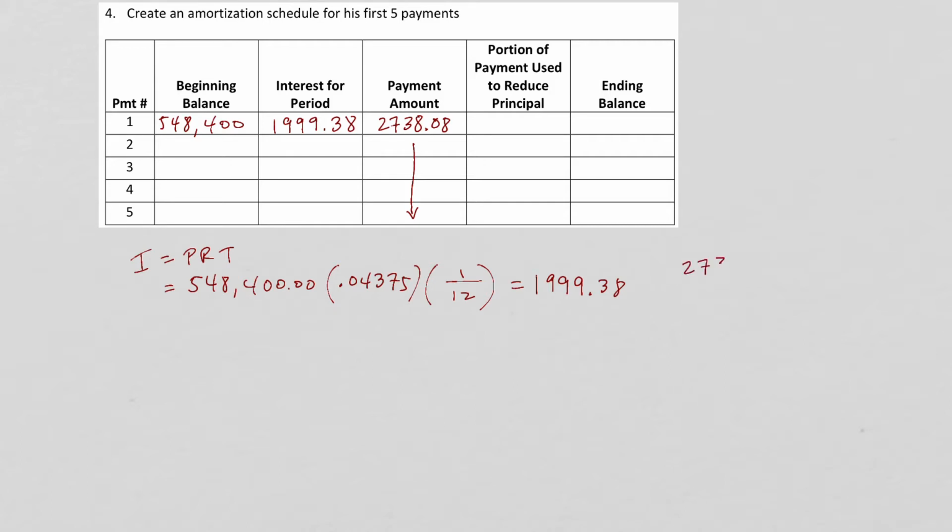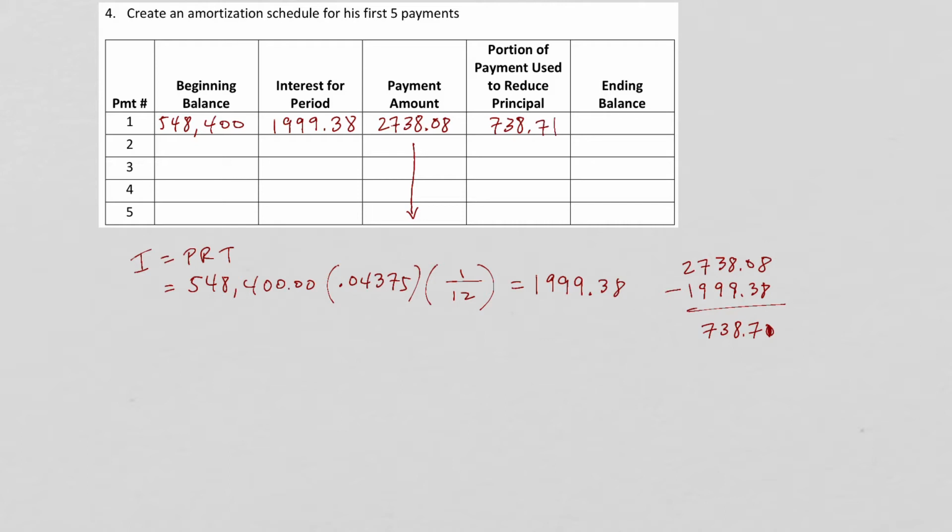So $2,738.08 minus $1,999.38 comes out to $738.70. Actually, to the nearest penny, it comes out to 71 if you round off correctly. So this will be 71 here.